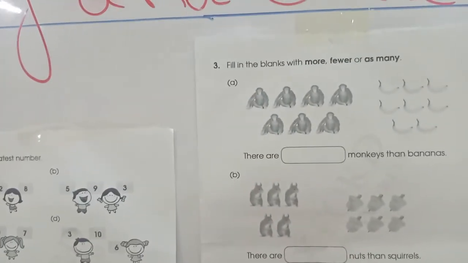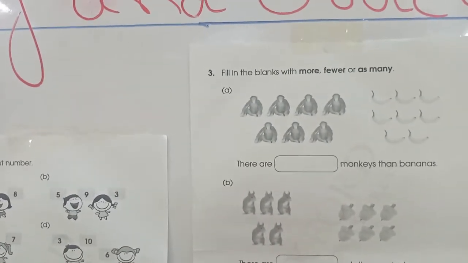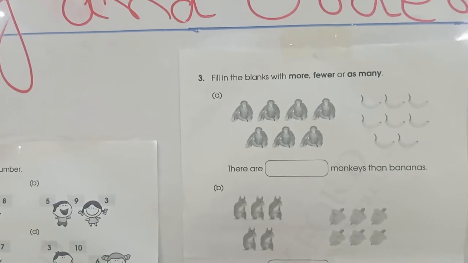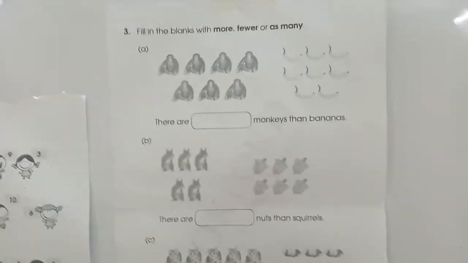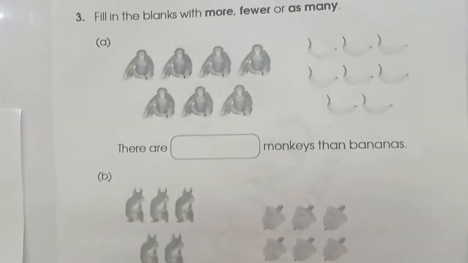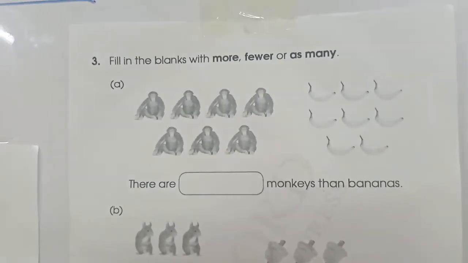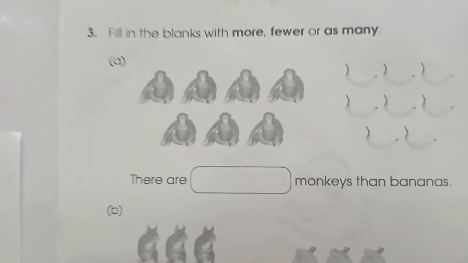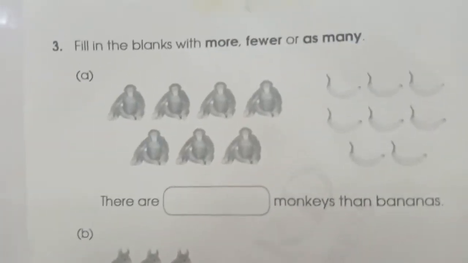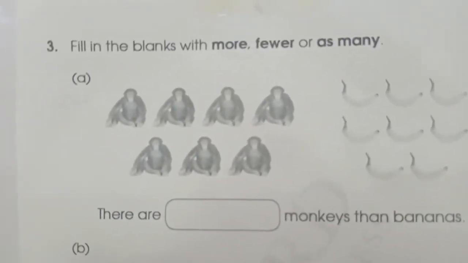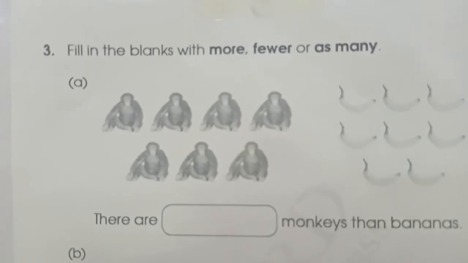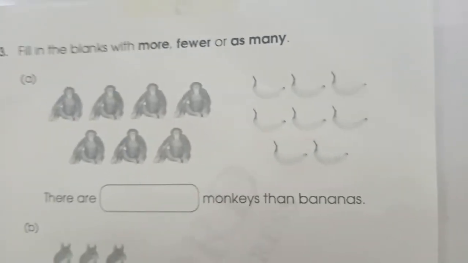Question number 1 is fill in the blanks with more, fewer and as many. Look at the picture. Question A, look at the picture. How many monkeys are there? Firstly count them. 1, 2, 3, 4, 5, 6, 7. There are 7 monkeys. And how many bananas are there?